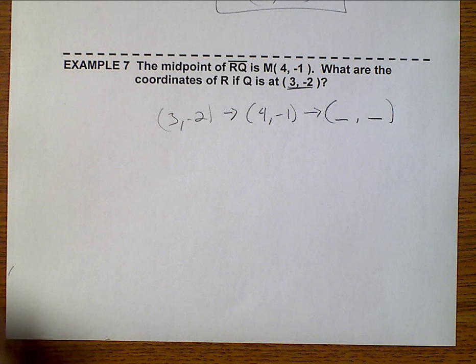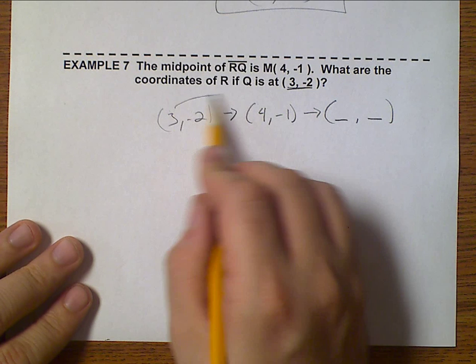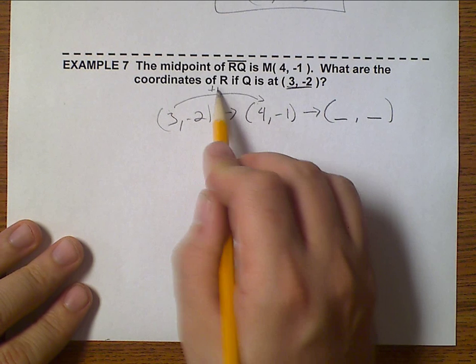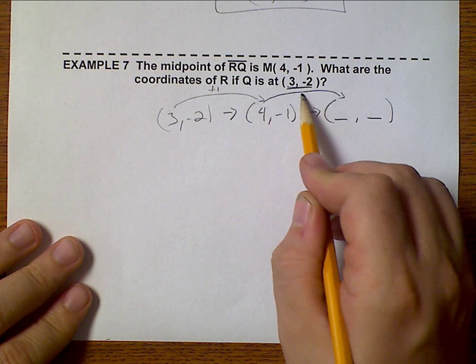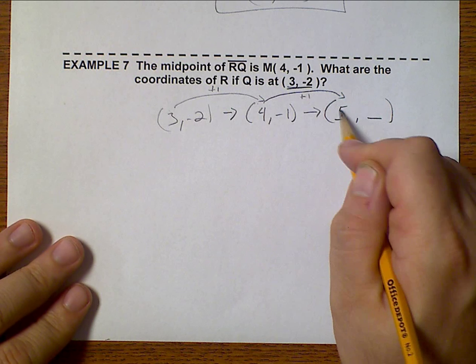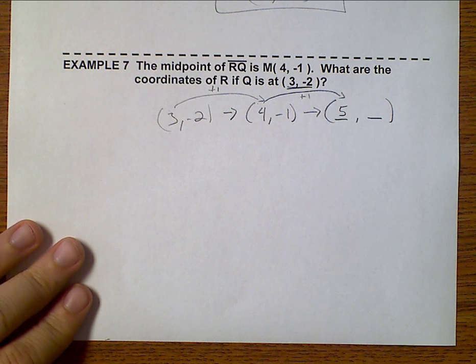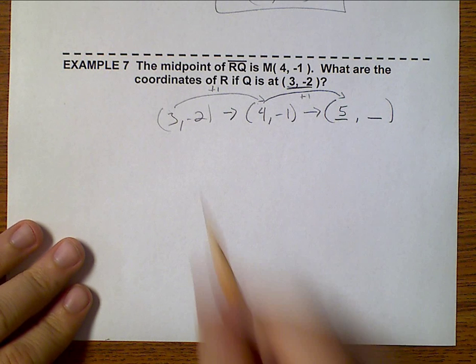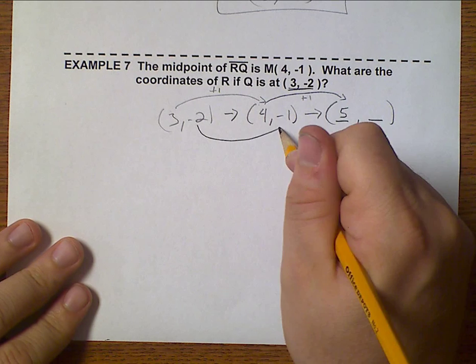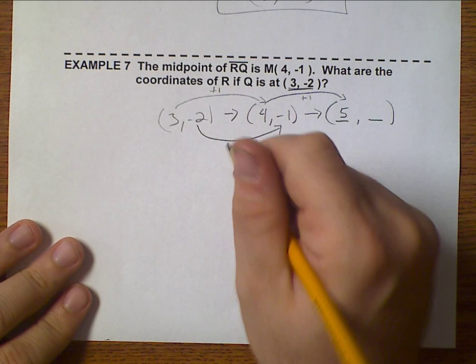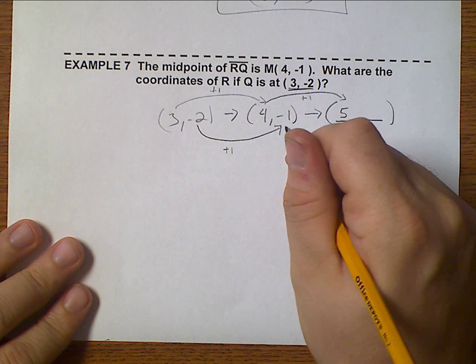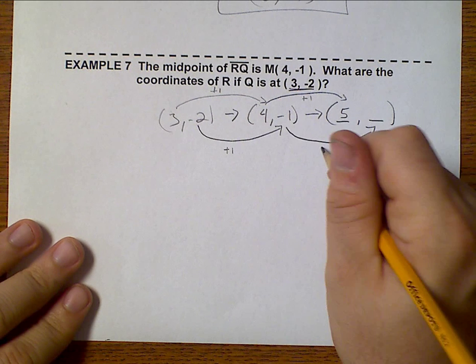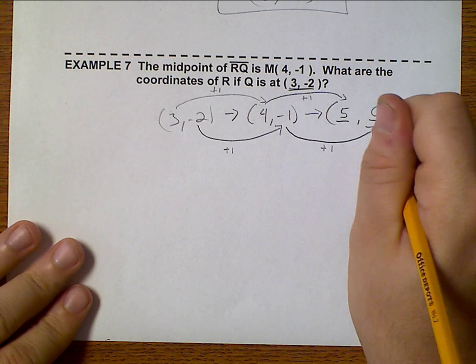Well, to go from 3 to 4, I added 1. So to go from 4 to my next one, I also add 1, and that becomes 5. From negative 2 to negative 1, I added 1. And so from negative 1 to my next one, I also need to add 1, which would put me at 0.